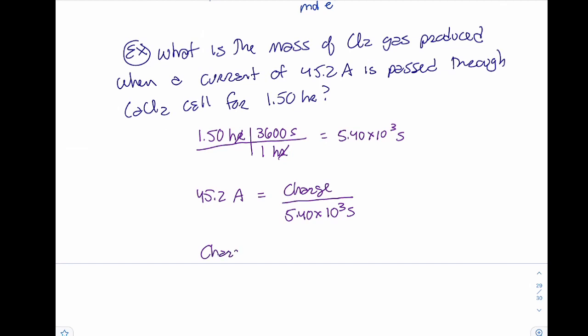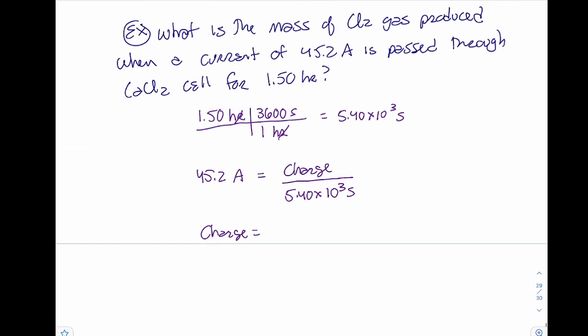So solving for charge, just grabbing my calculator again. I get a big number here. I'm going to write down all the digits and then we'll round after. So I have 244,080 coulombs, right? That's what that capital C stood for. That was my unit.